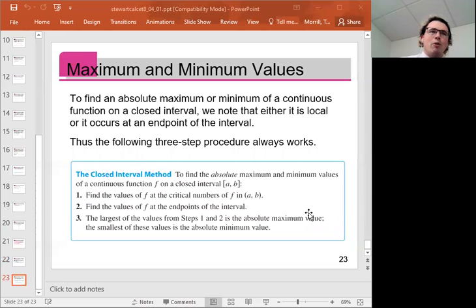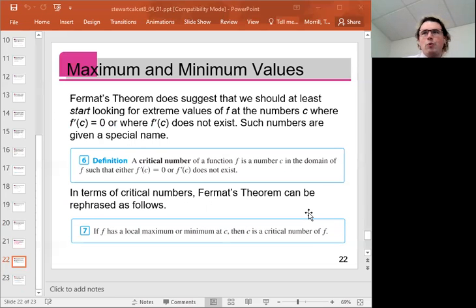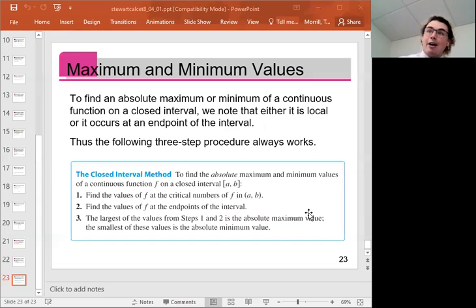So what we're going to do is calculate the derivative of our function, look for all the possible coordinates that could make that derivative 0, and look at all the possible coordinates that could make that derivative not exist. So this gives us a 3-step process to finding absolute maximums and absolute minimums.